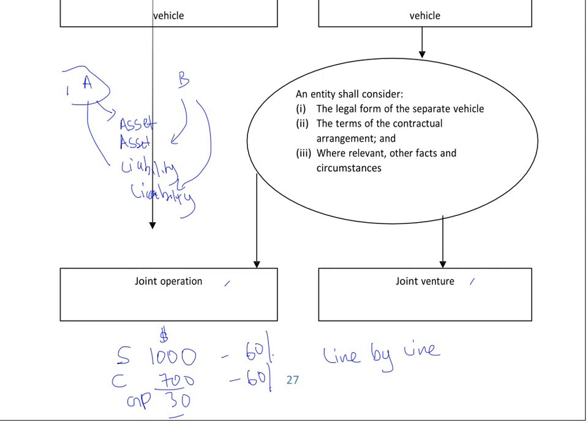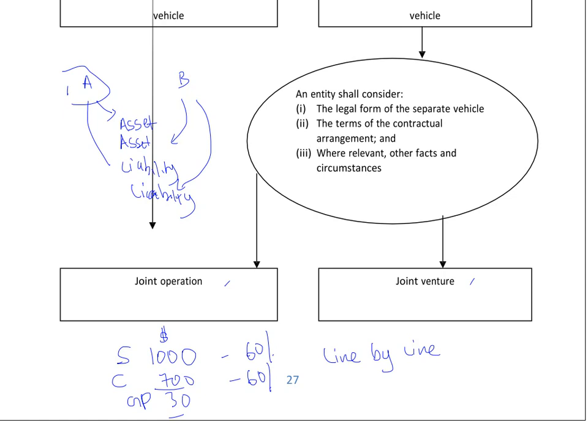Repeat. We have a joint arrangement here, which is a joint operation. I contribute my expertise, my asset, and my obligation or liability. So I contribute mine, you contribute yours. Together we extract the oil, and together we sell the oil to generate income. So we incur this cost, we generate this income, and this belongs to us.